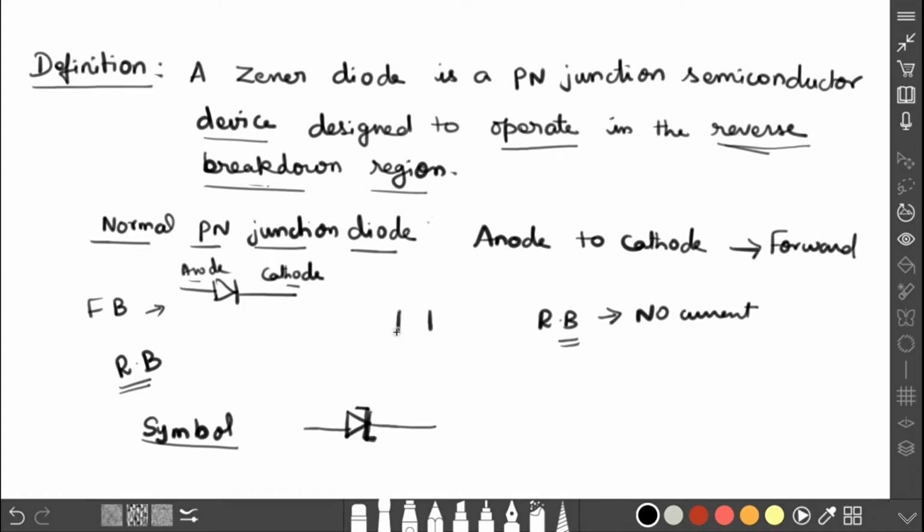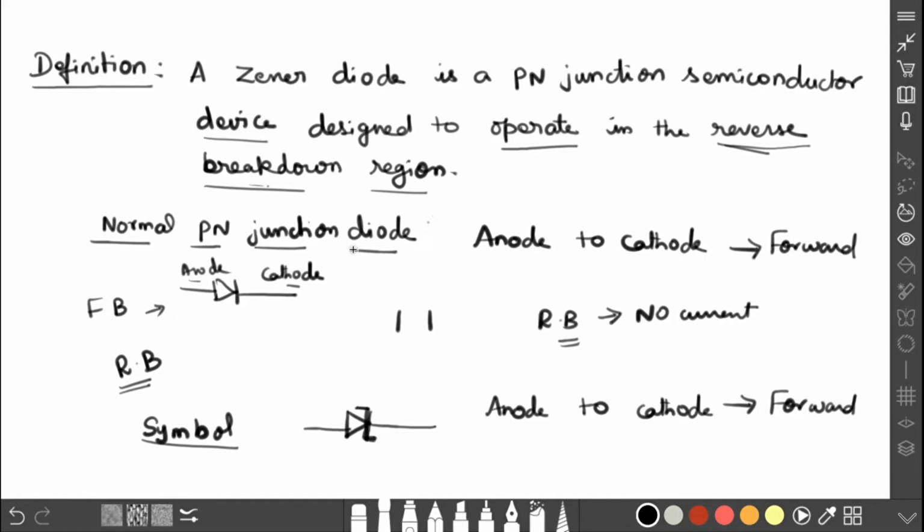But in the case of this Zener diode, it works in the reverse breakdown voltage. When it is forward biased, the current will flow from anode to cathode. So during the forward biasing, this Zener diode acts like a normal PN junction diode. This is the main point.